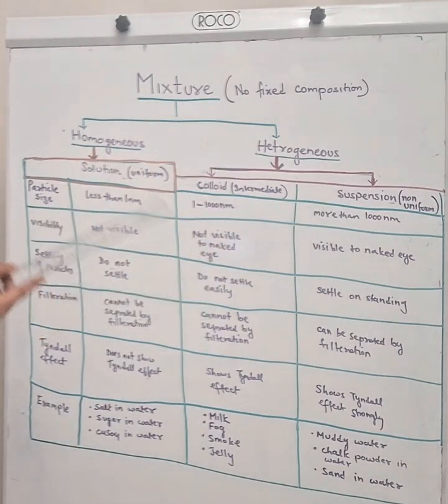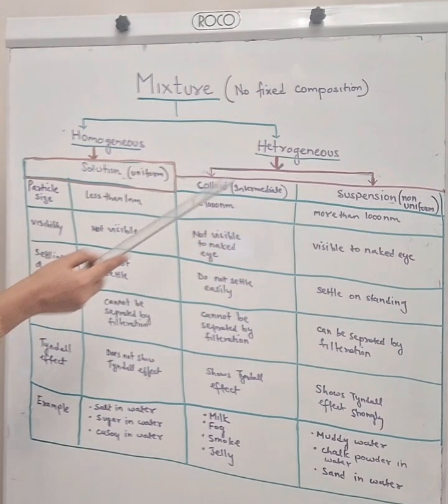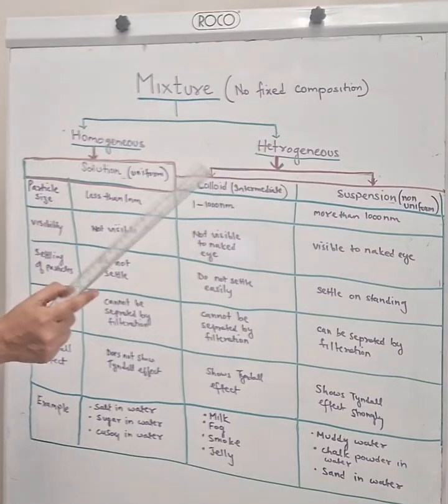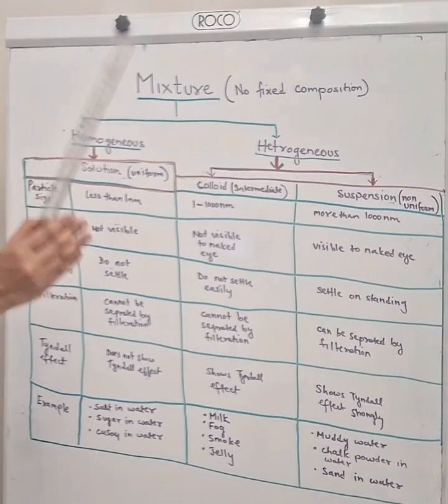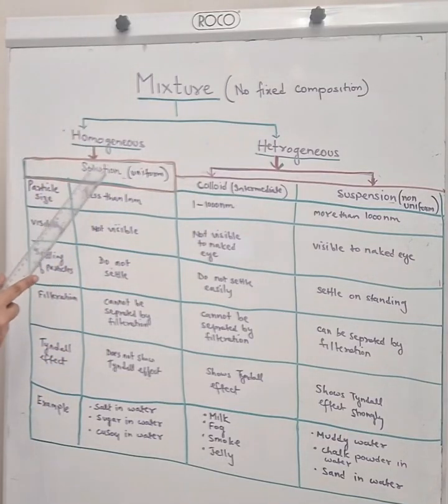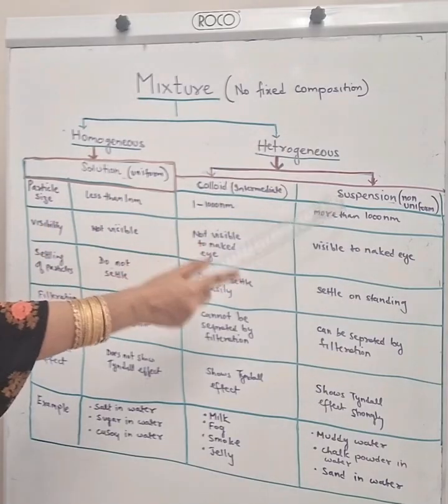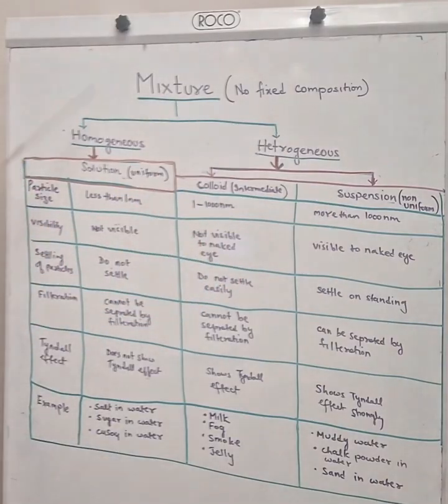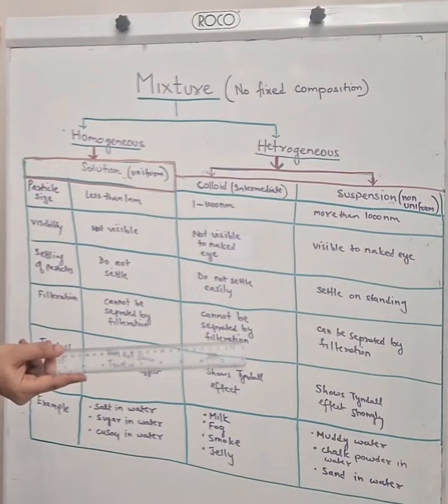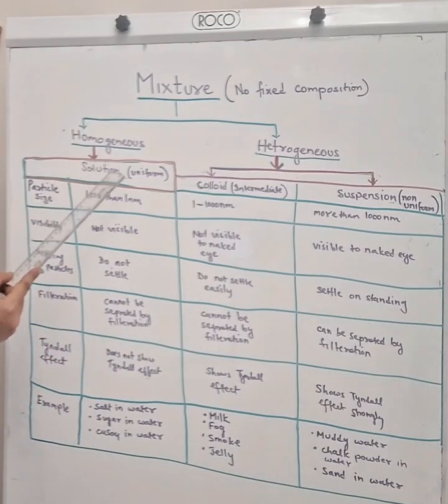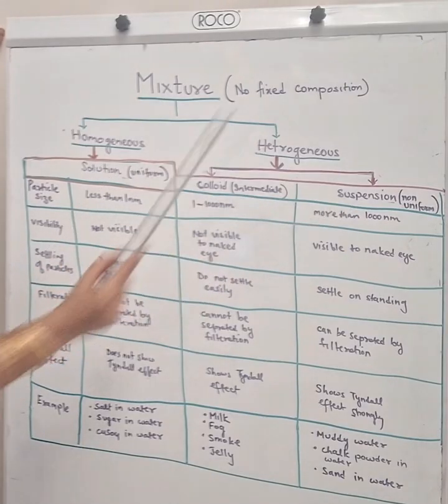So you may know what is solution, colloid and suspension. Actually we are going to understand here in detail about solution, colloid and suspension. In this board work, I will try to make you understand how they are related. What is the similarity between solution, colloid and suspension?